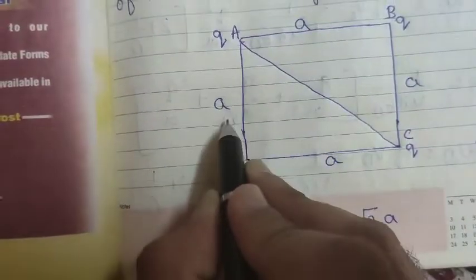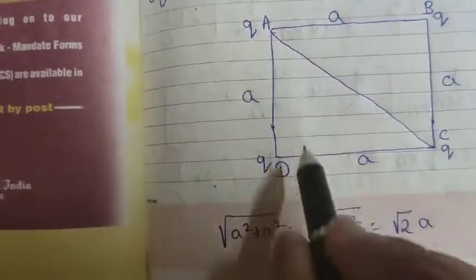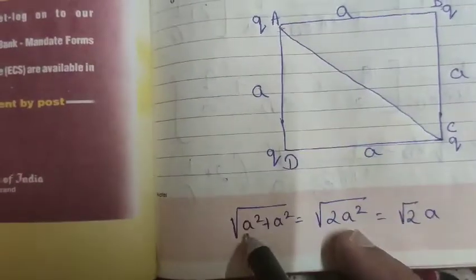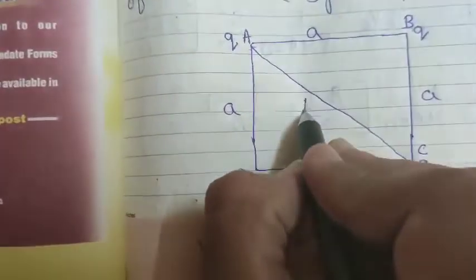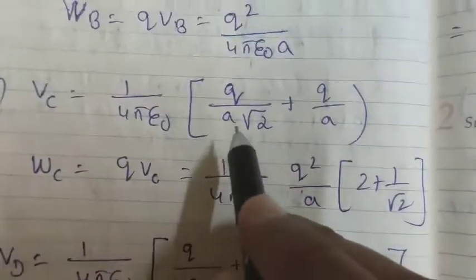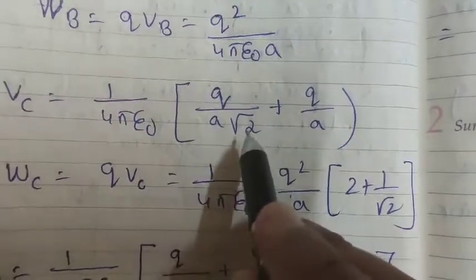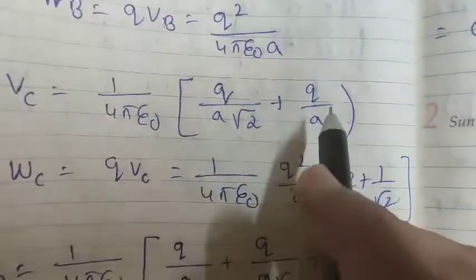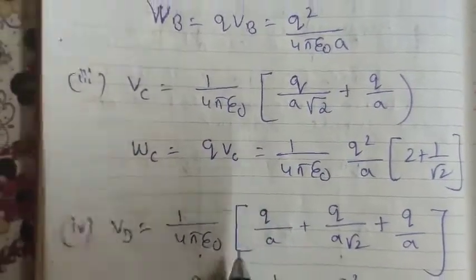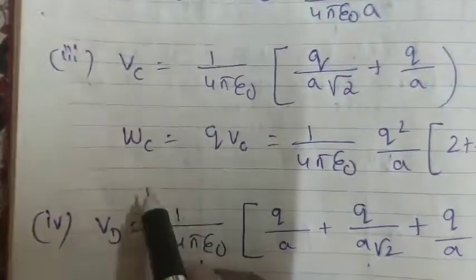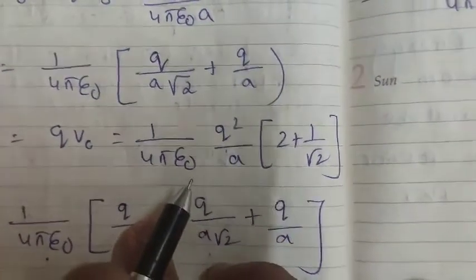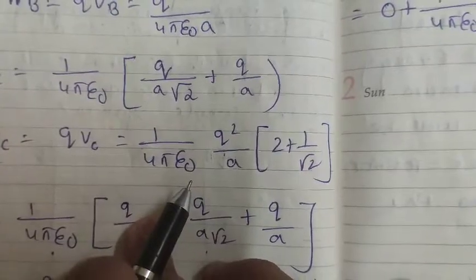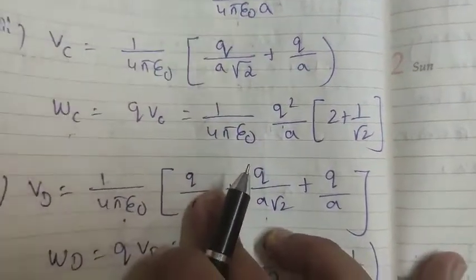What is this distance? If this is A and this is A, by Pythagoras theorem, root over of A square plus A square, root over of 2A square. So this is root 2 into A. So one term is Q by A root 2, another one is plus Q by A, right? So work done WC equal to Q into VC. So 1 by 4 pi epsilon naught Q square by A into 1 plus 1 by root 2. If you simplify, this will come.